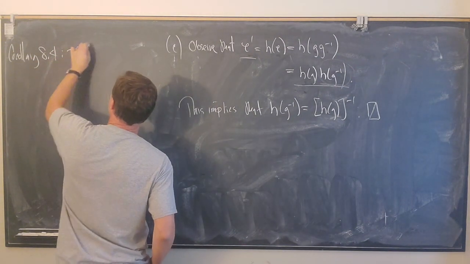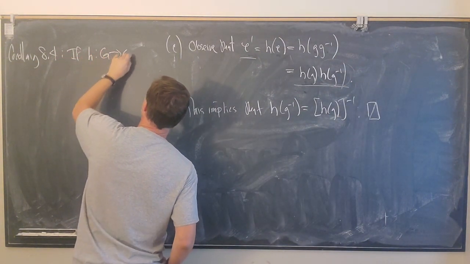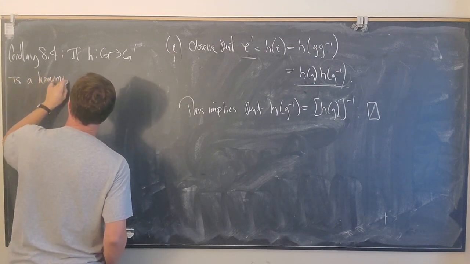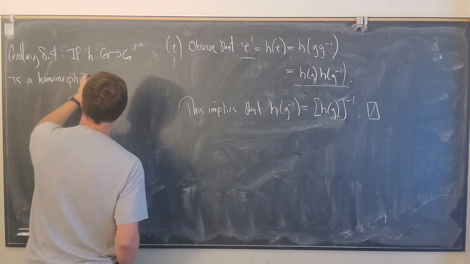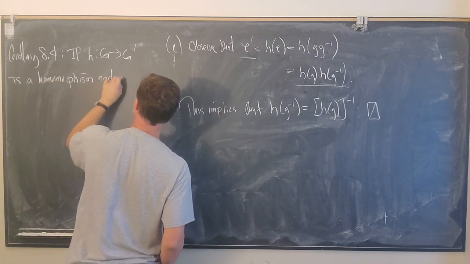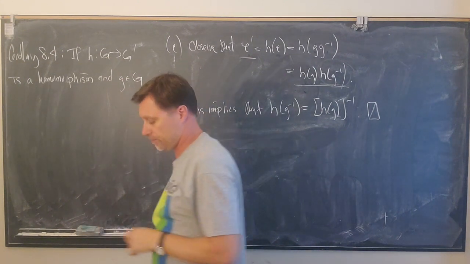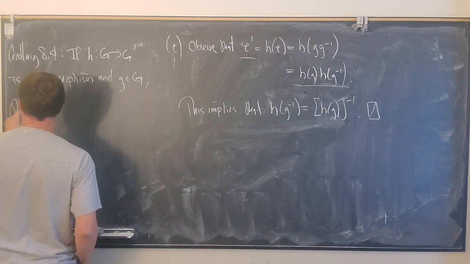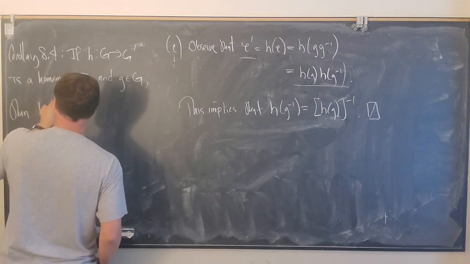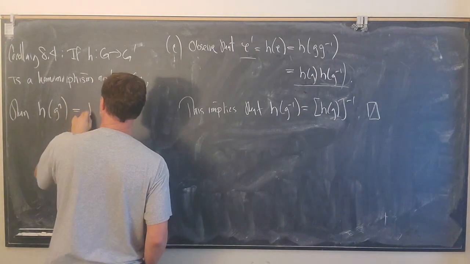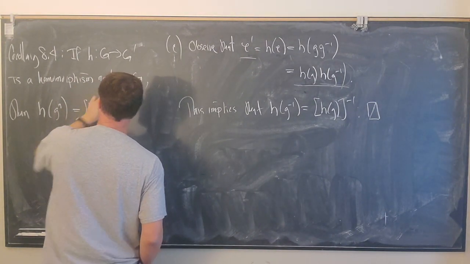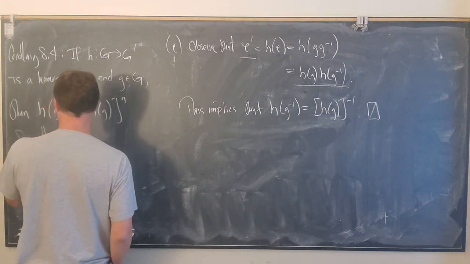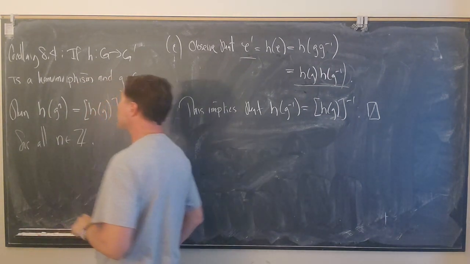If H from G to G prime is a homomorphism, and G is an element of capital G, then H of G to the N is equal to H of G raised to the N for all N in Z. So notice the difference.